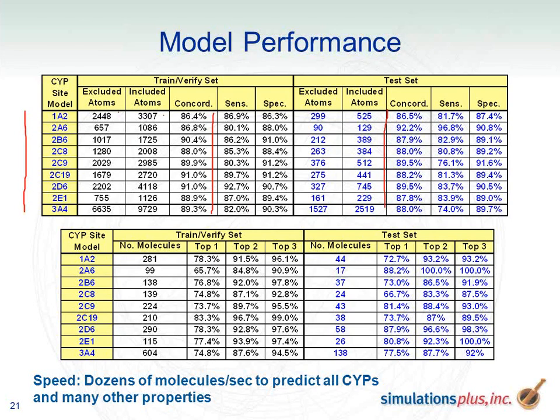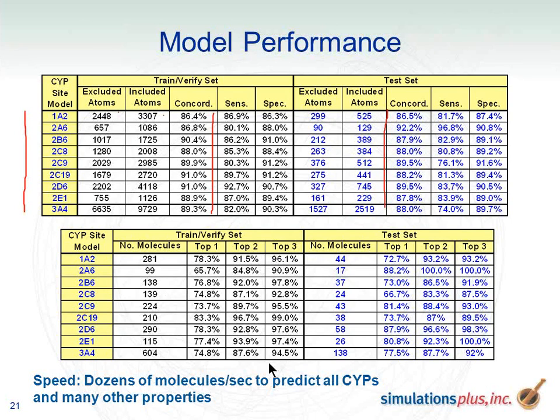Another way that's been shown in the literature to compare results of metabolism is to tabulate the percent of molecules possessing an experimental site of metabolism among its top N scoring atoms.